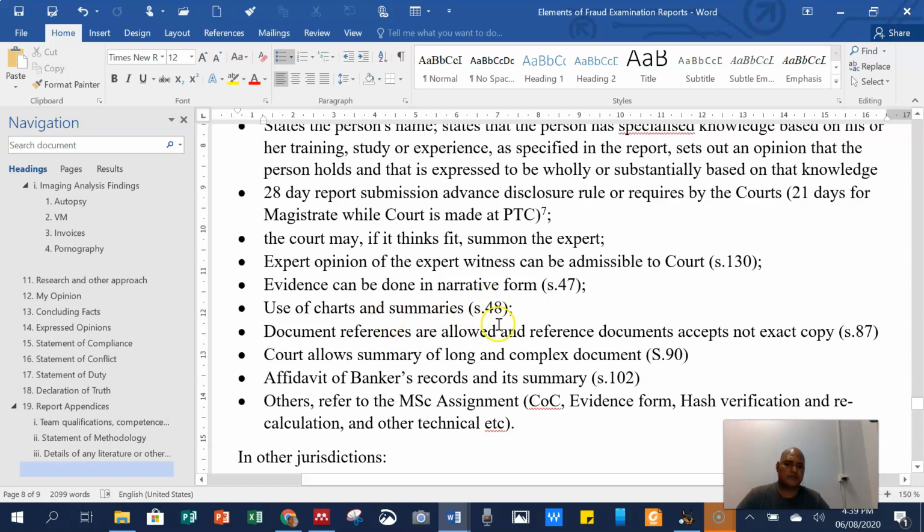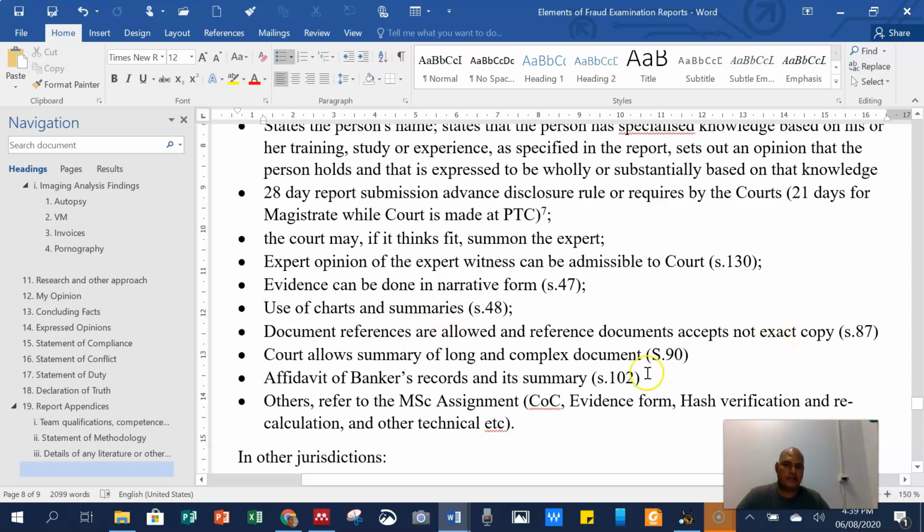And also Section 48 allows for the use of summaries, if they are too technical, into simple language, as well as the use of charts to support the investigation. So it allows for the use of charts as well as summaries.